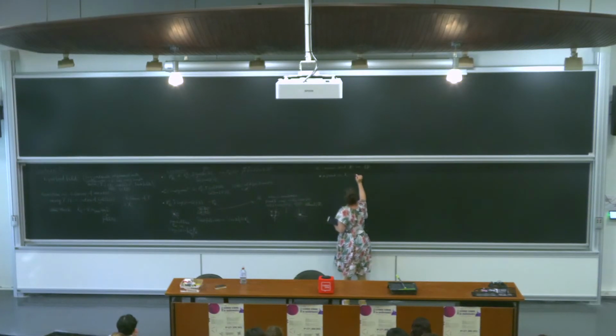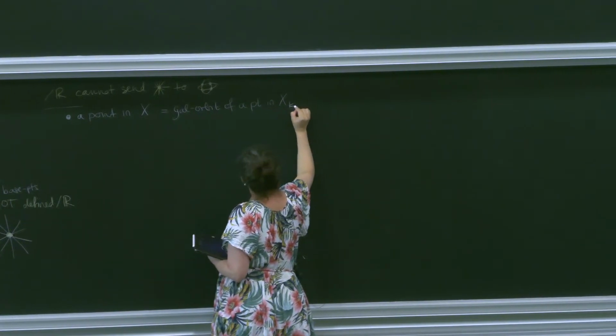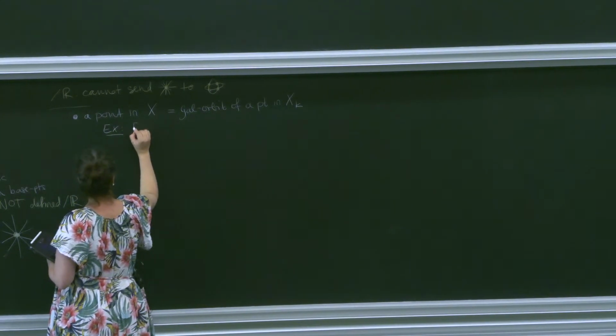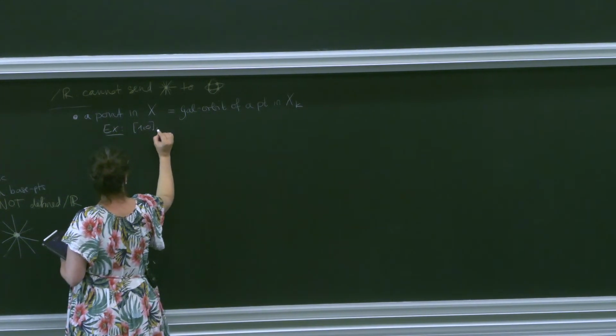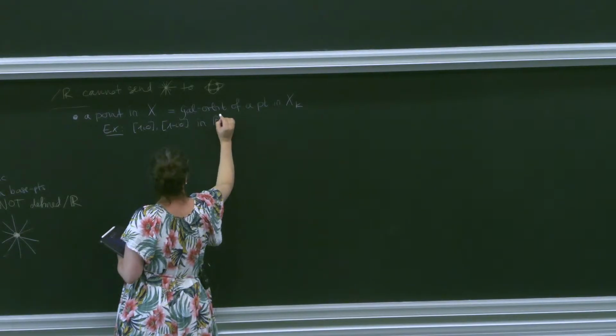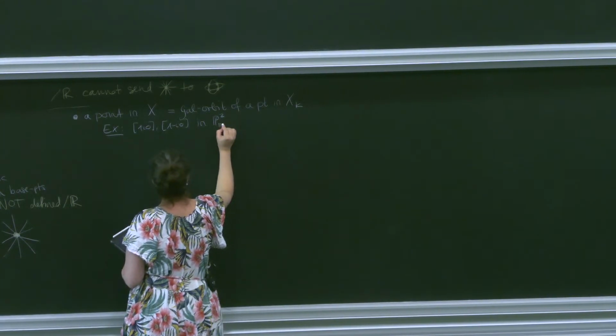So this is just a Galois orbit of a point in X_k̄. So for instance, (1, i, 0) and (1, -i, 0) in P². Okay, let me write it like this.